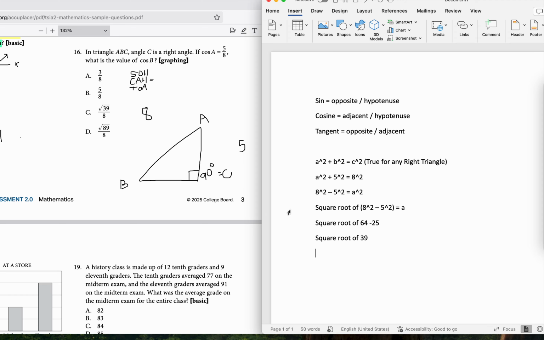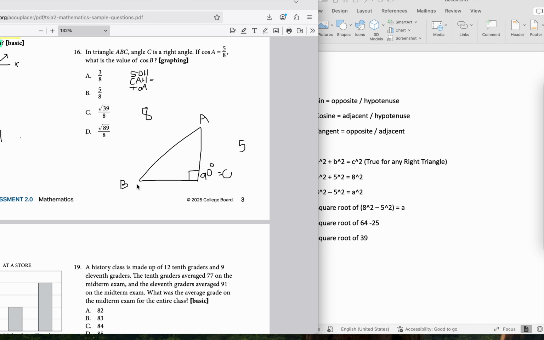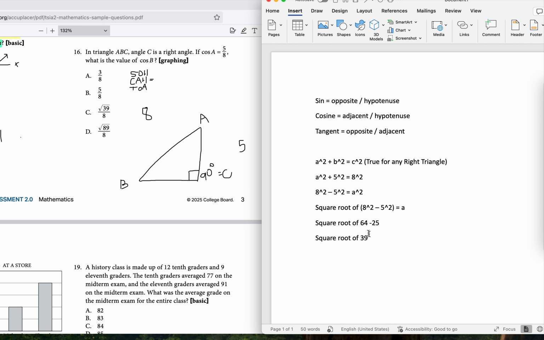Now we want to start looking at the cosine of B. And so the cosine is set up as the adjacent over the hypotenuse. So the adjacent is this line here, which is the unknown number we solved for, a.